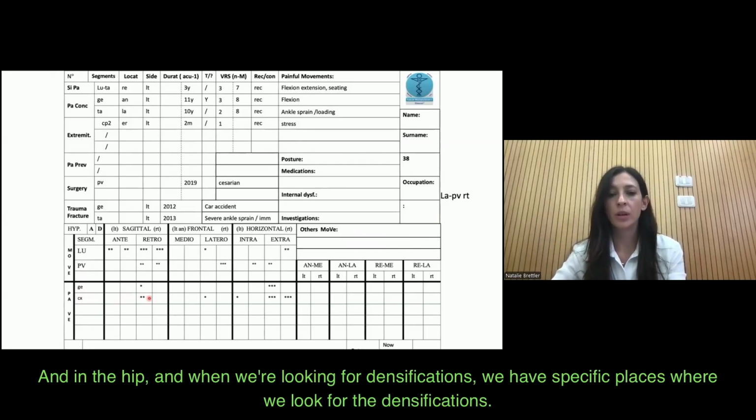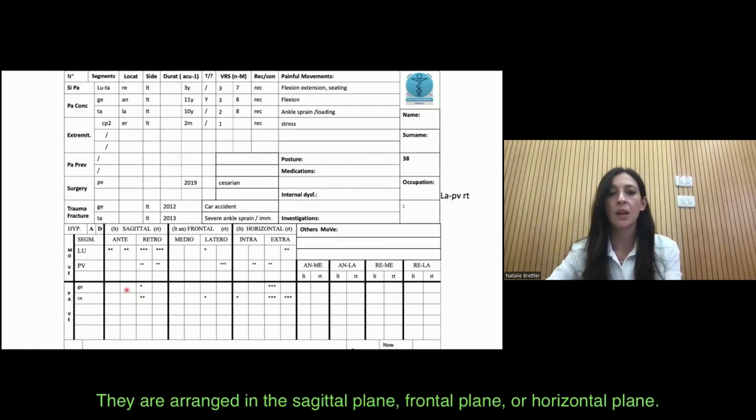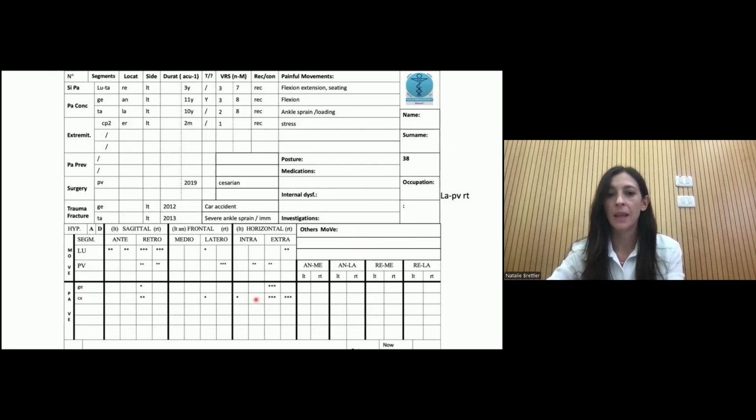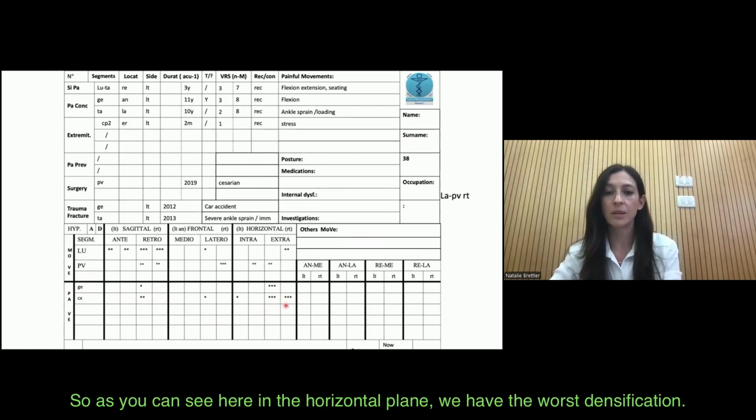And when we're looking for densifications, we have specific places where we look for them. They are arranged in the sagittal plane, frontal plane, or horizontal plane. Three stars means that the densifications were not only bigger, but also had referred pain. So as you can see here, in the horizontal plane we have the worst densification.